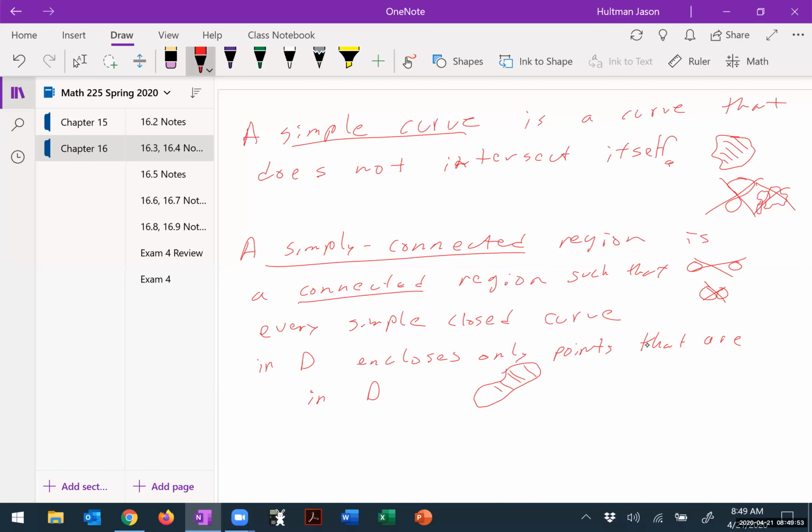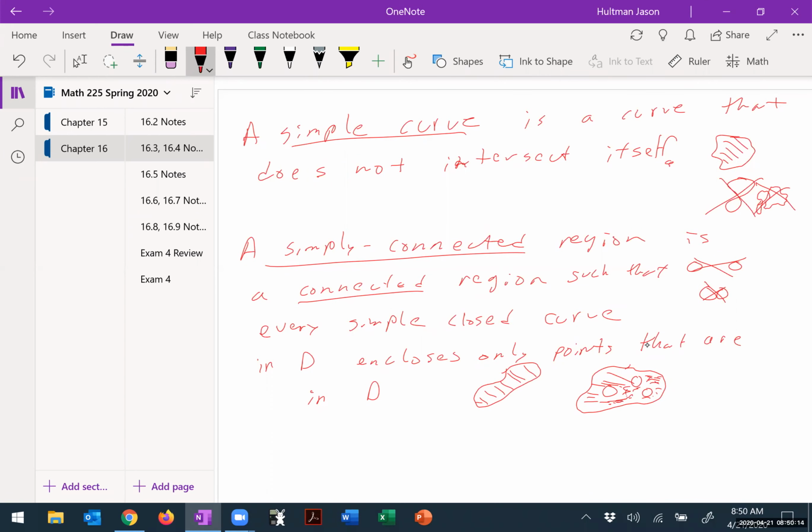This is a great one. You would think, oh, that's nice. No, because we're going to have holes. It's going to be like Swiss cheese. Oh, look at that. No longer is it simply connected. It's not a simply connected region.